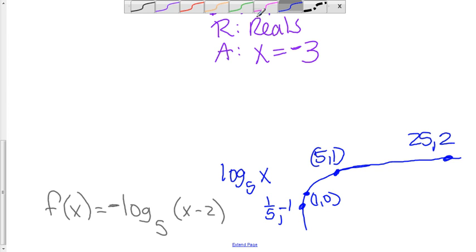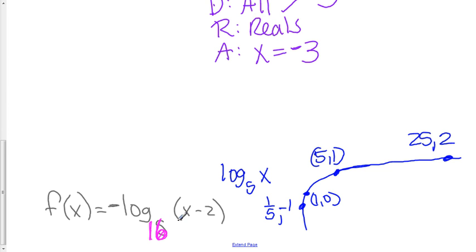If we change our number to, say, a 16 down here, well, now it's still 1, 0 is going to be a value, but it's then going to be 16, comma 1. And our other number there would be 16 squared, which is 256, comma 2.